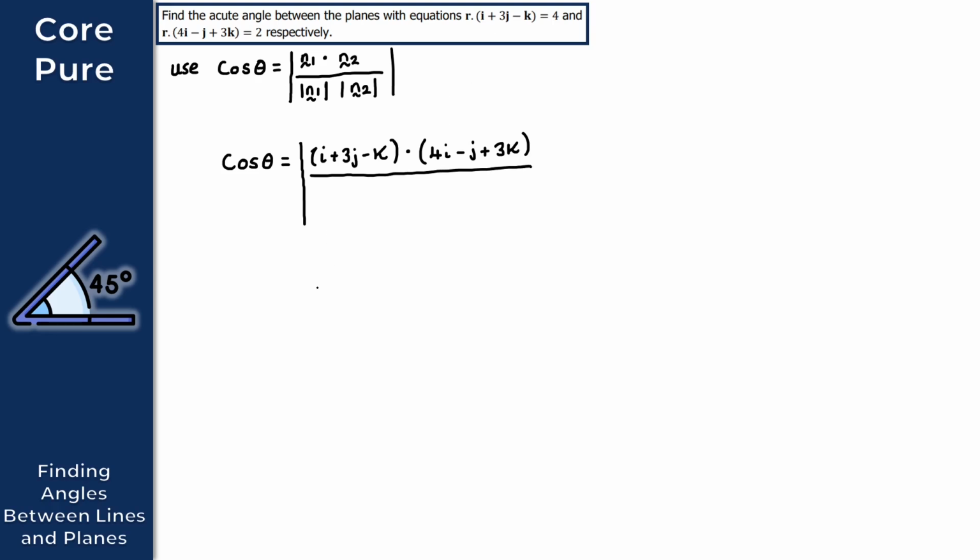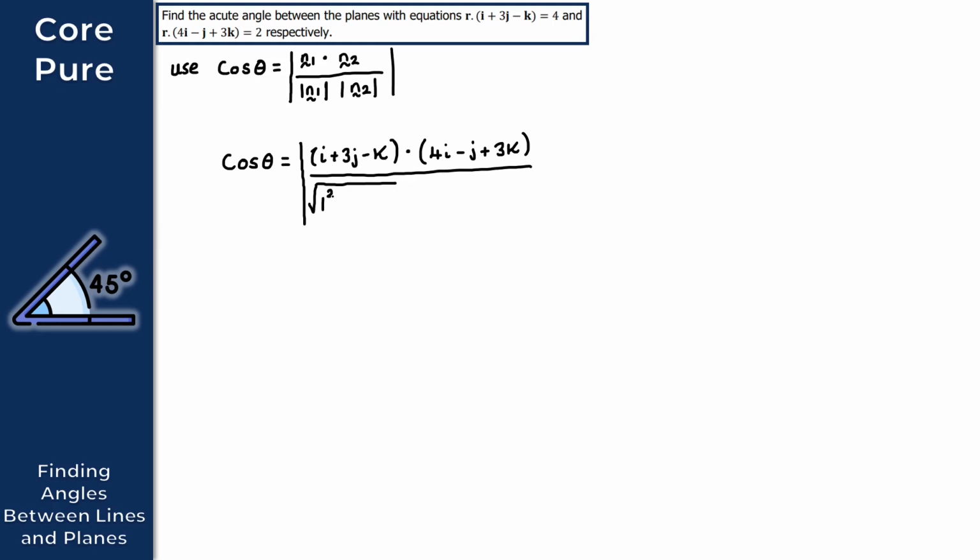Don't forget, to find the modulus here, this is just the same as finding the magnitude of this normal vector. And to find the magnitude of a vector, all we do is use Pythagoras. So we take the square root of 1 squared plus 3 squared plus minus 1 squared.